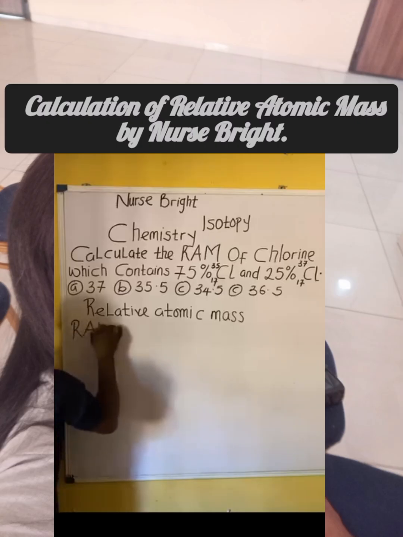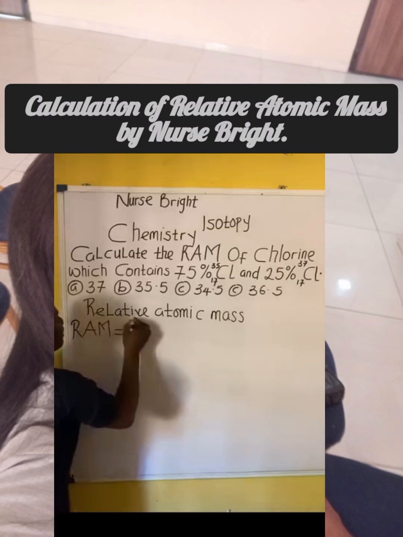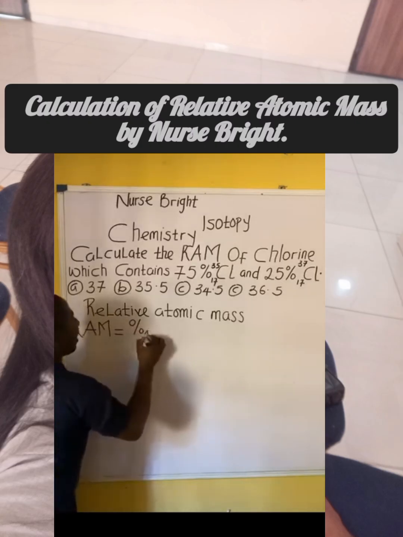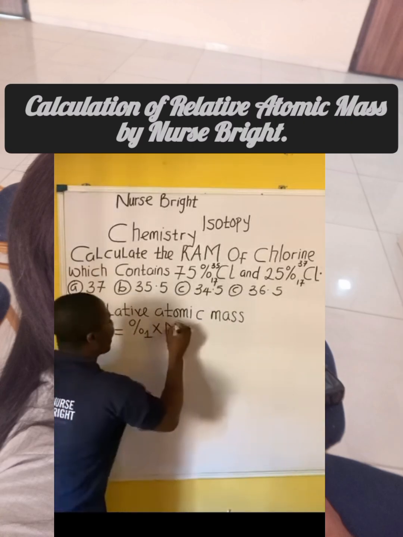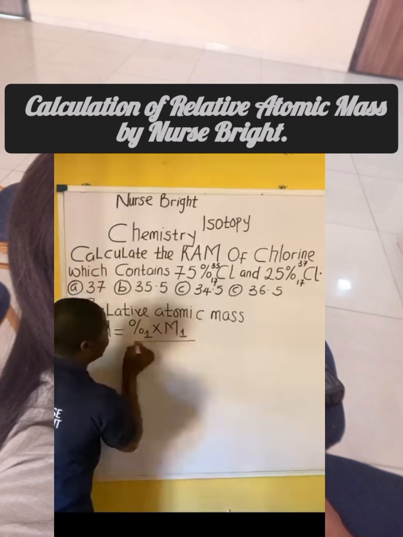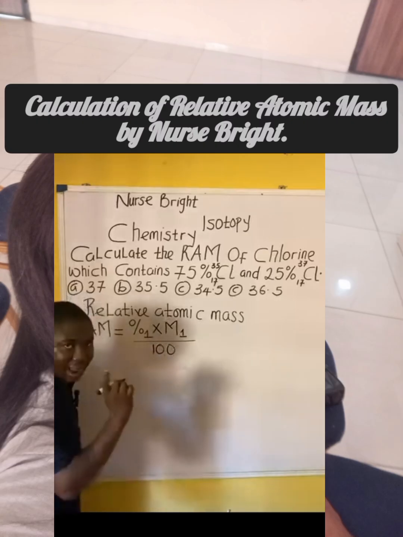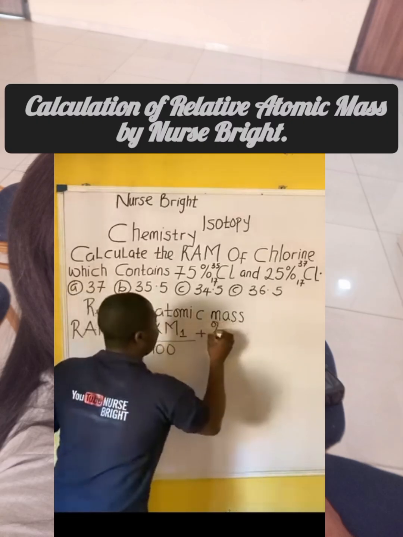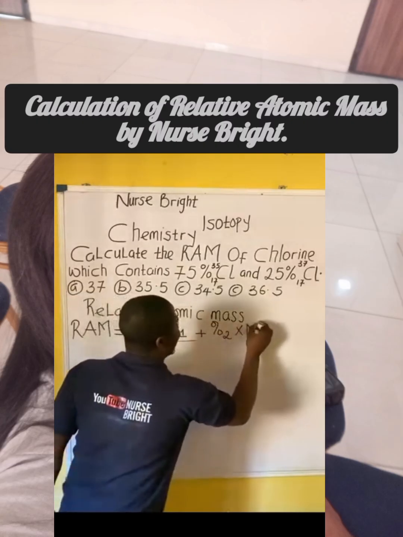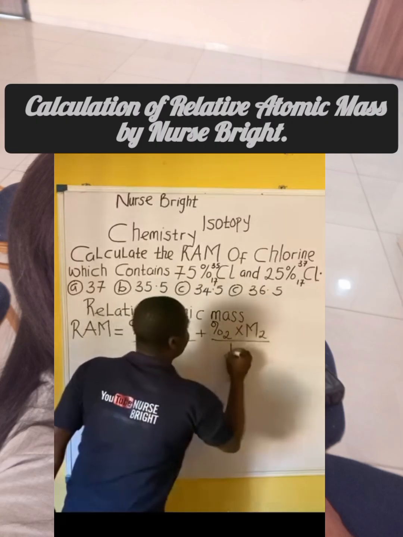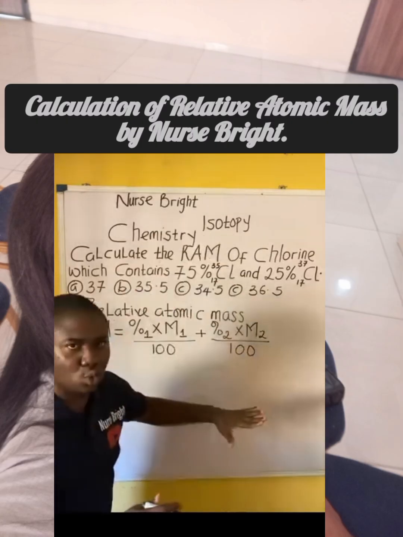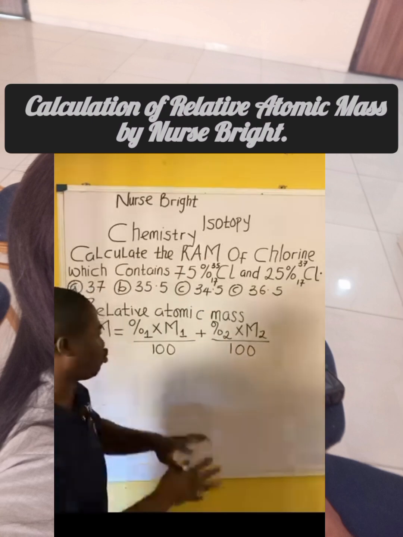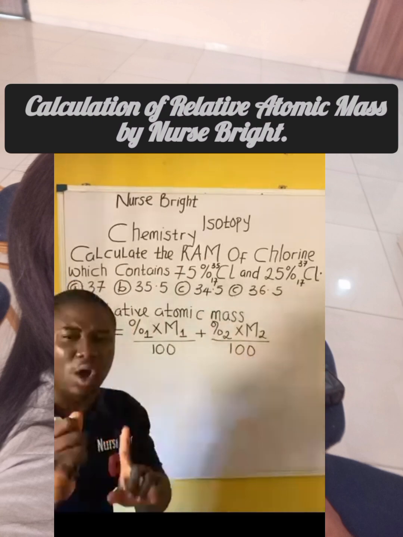The formula is simply percentage 1 times M1, divided by 100, plus percentage 2 times M2 divided by 100. This is the formula we need to solve this question, and I'll be guiding us on what to do.